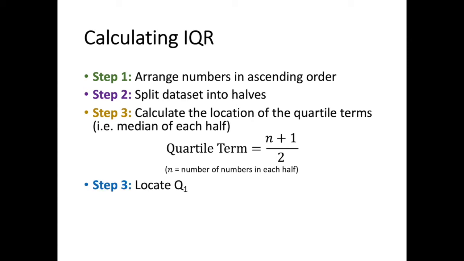Step 3, once you've located your quartile term, you locate quartile 1, then you locate quartile 3, and then you calculate the interquartile range by subtracting quartile 1 from quartile 3. So those are the 5 steps to calculate the interquartile range. Remember, you've got to split the data set into two halves before you can calculate the interquartile range. So let's have a look at an example.